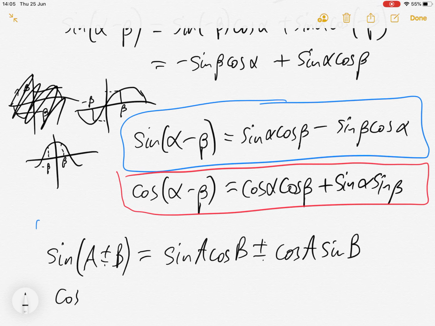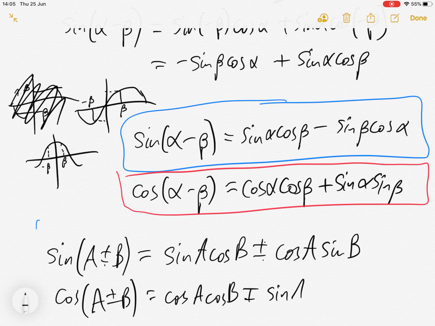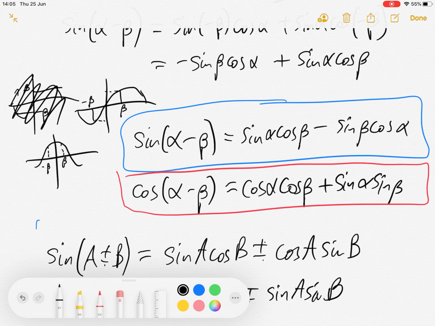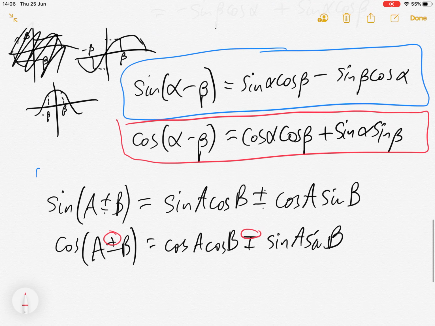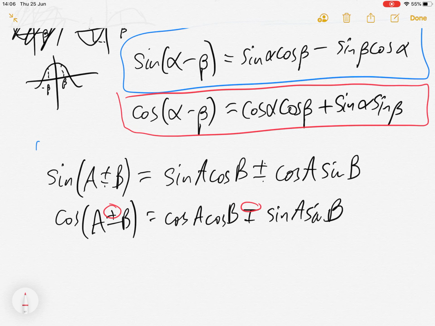So for the other one, of course, we get a minus plus here. So minus plus, that just means the plus here corresponds to the minus there. So that's just something to be aware of when you're using the formulas in the formula book.